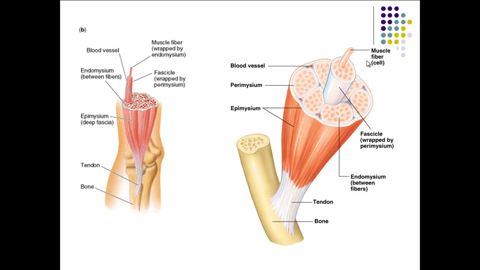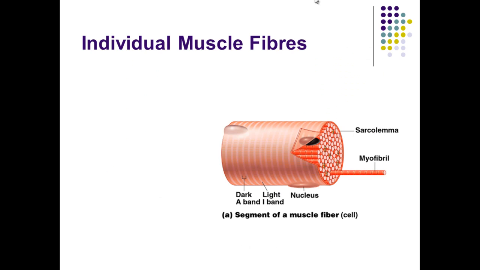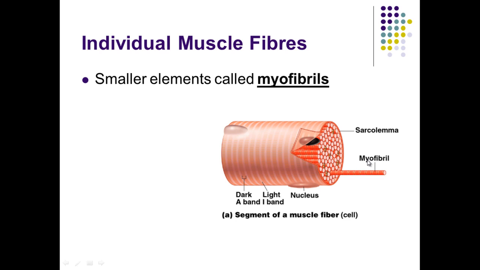Now, going into an even smaller subunit, the smallest we have labelled here, which is a muscle fibre or a muscle cell, and that can be broken down even further into smaller parts. What that looks like is this structure. There are loads of these structures called myofibrils, and these myofibrils add up to make an entire muscle fibre, and they're wrapped in a kind of membrane called a sarcolemma.